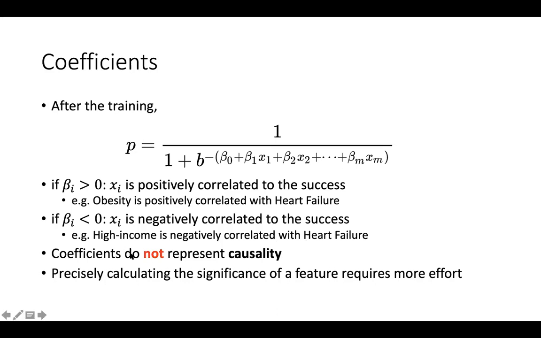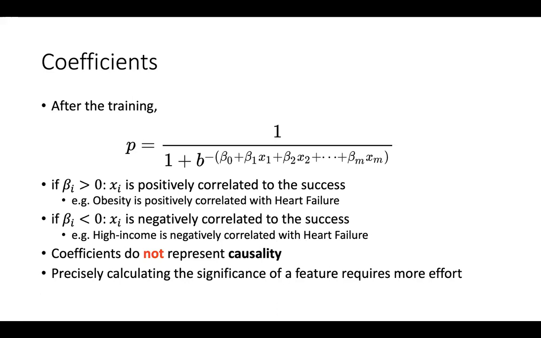One thing that we need to take care of is that coefficients do not represent causality. It's just simple correlation. Let's say that xi is the obesity feature, and just because beta i is positive doesn't mean that obesity leads to heart failure.